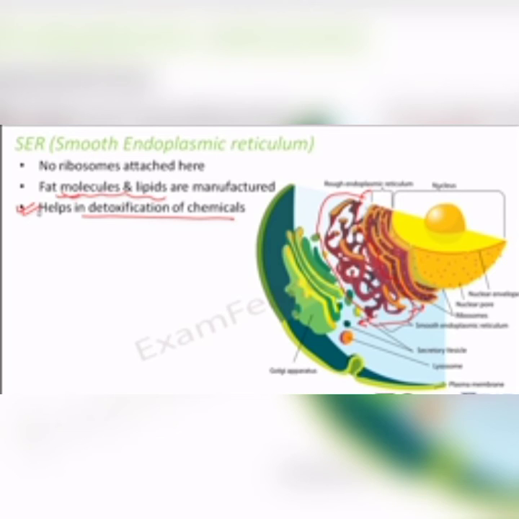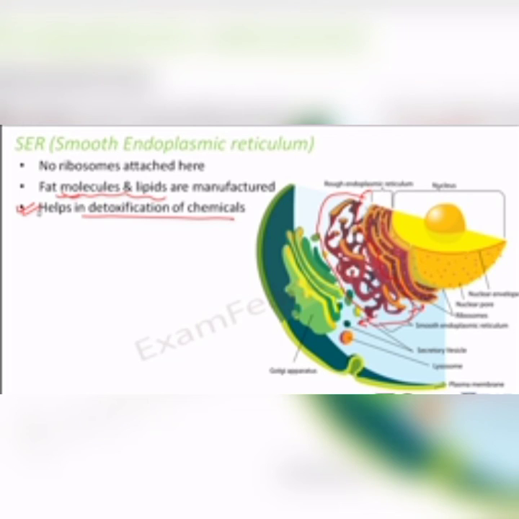But if somebody is consuming alcohol in high quantities or the frequency of intake is too high, what will happen? The smooth endoplasmic reticulum will not be able to detoxify so much of harmful chemicals. So it will not be able to perform its job properly and smooth endoplasmic reticulum can be damaged.